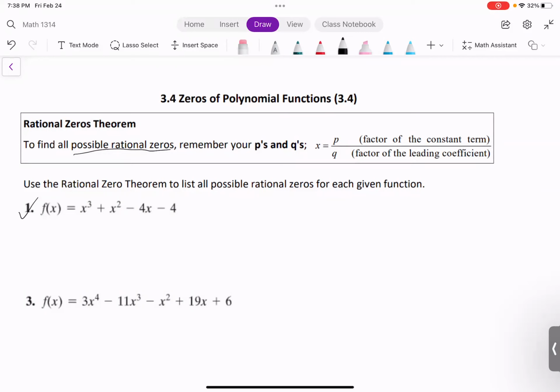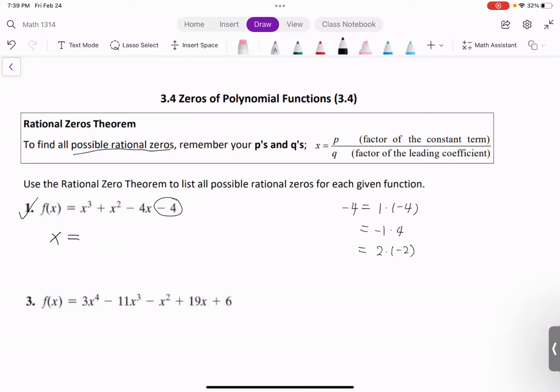First one, the P. The P is a factor of the constant term. The constant term is -4. Find all the factors of -4. We know that -4 equals 1 times -4, and also -4 equals -1 times 4. We also know -4 equals 2 times -2.